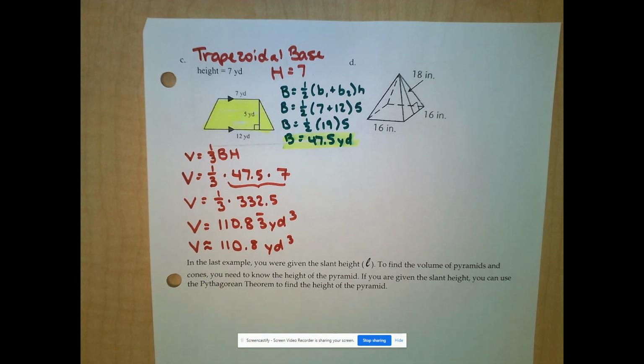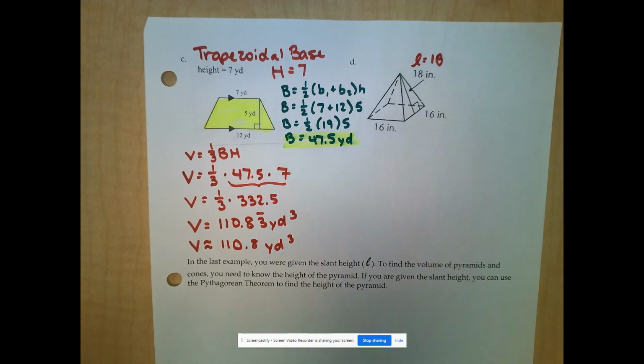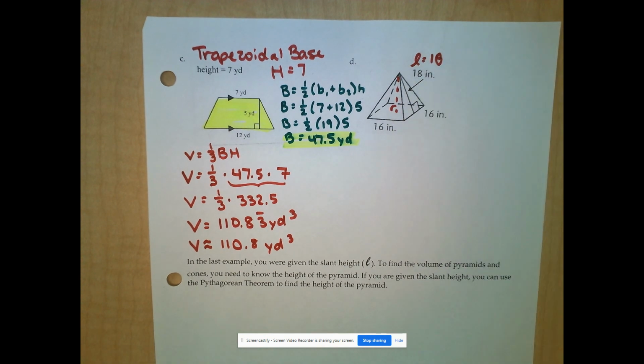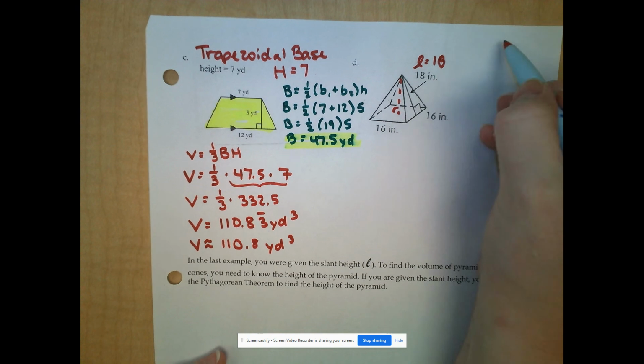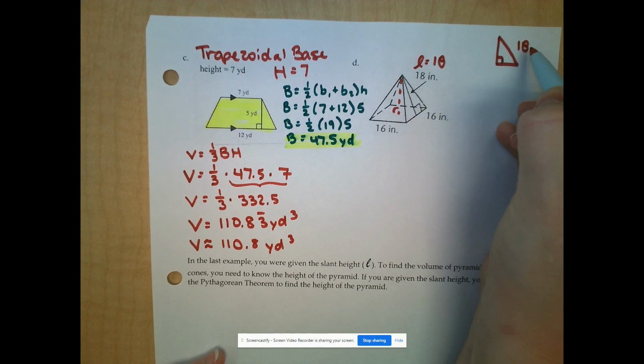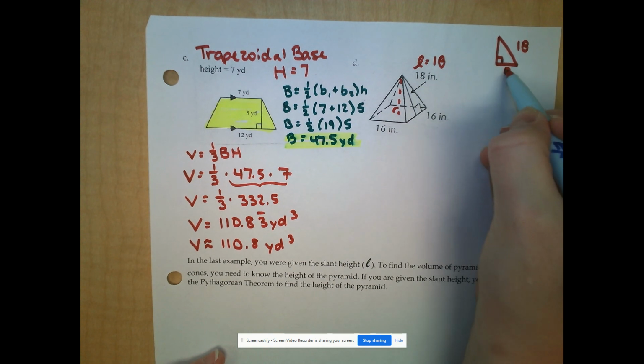All right, last but not least is a pyramid where they gave us the slant height, right? They gave us that lowercase cursive L instead of giving us the height. So we don't know the height that we need that goes down the middle. So off on the side, I'm going to draw my little right triangle, which has a slant height of 18. The entire base is 16, meaning halfway across the base would be 8.